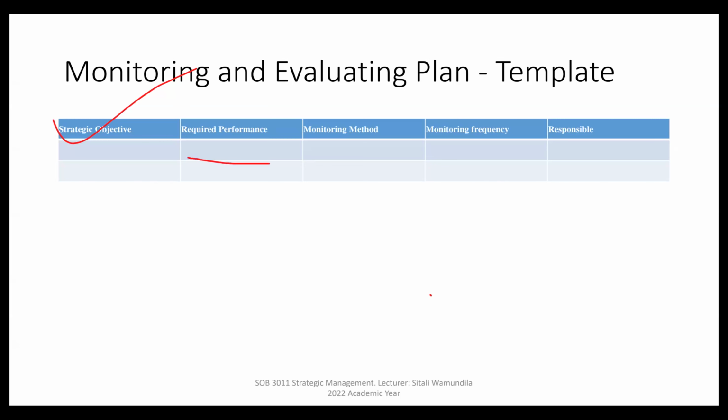What is it that we are requiring? In terms of performance, what is required from us? Then there should also be a monitoring method. How are we going to check if we are making progress? What methods are we going to use to check if we are progressing?